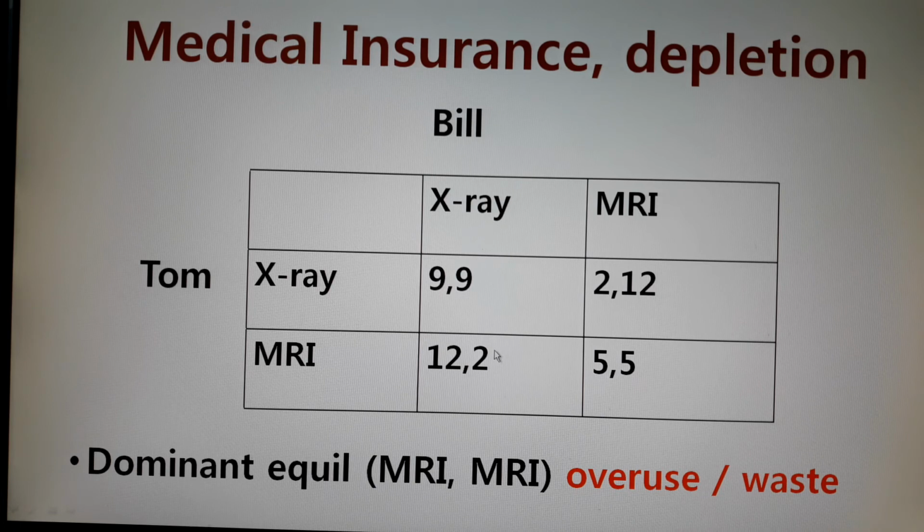Okay? What if Tom uses MRI and Bill uses X-ray? For Bill's use, Bill pays 0.5, Tom pays 0.5. For Tom's use, Tom pays 7.5, Bill pays 7.5. So when Tom uses MRI and Bill uses X-ray, together, Tom pays $8 and Bill pays $8.